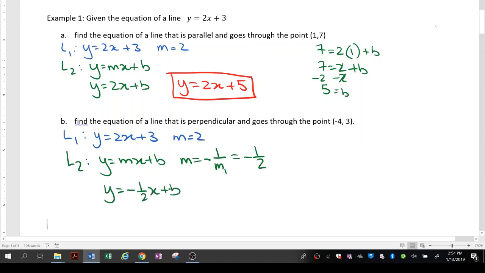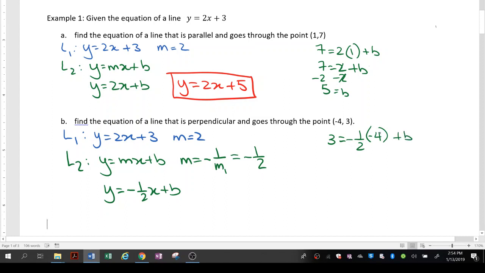And again, in order to find b, we're going to substitute the values at this point, (-4, 3), into x and y in this equation, and then solve for b. So here our value for y is 3, so 3 is equal to negative 1/2 times negative 4 plus b.